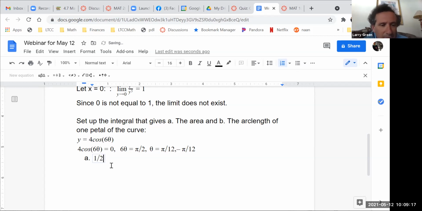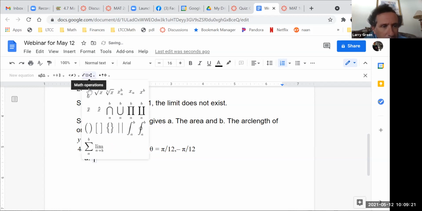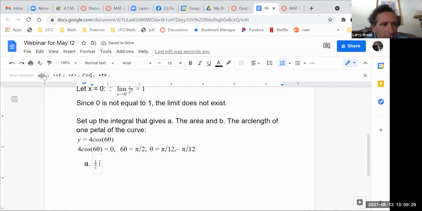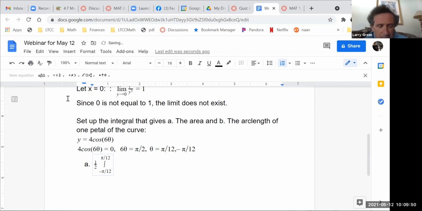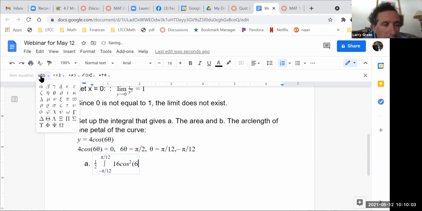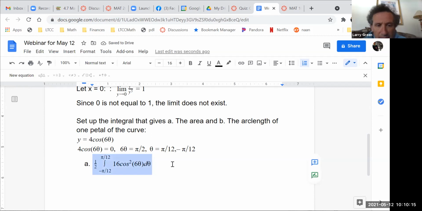So I can have 1 over 2 and then we're going to have an integral from negative pi over 12, sorry, to pi over 12 of 16 cosine squared of 6 theta d theta. Any questions on part A?